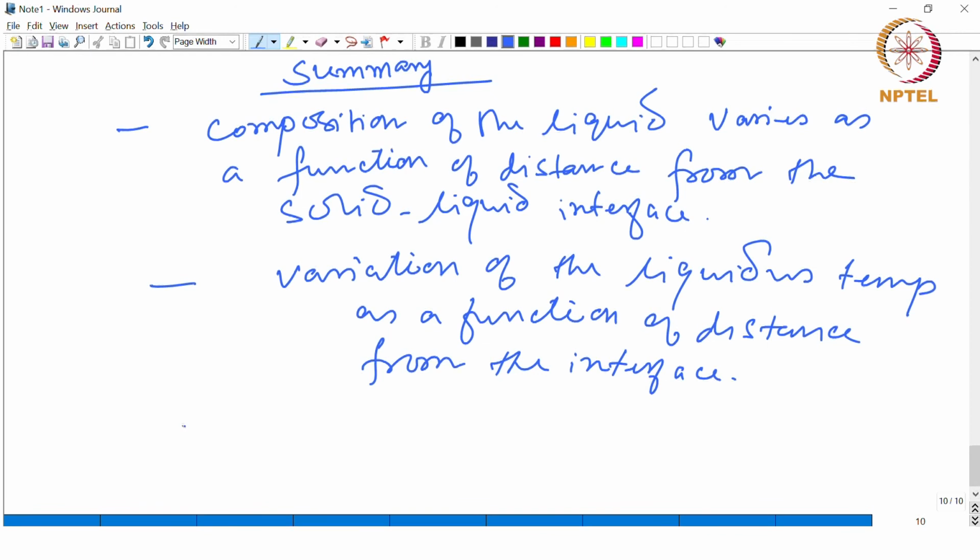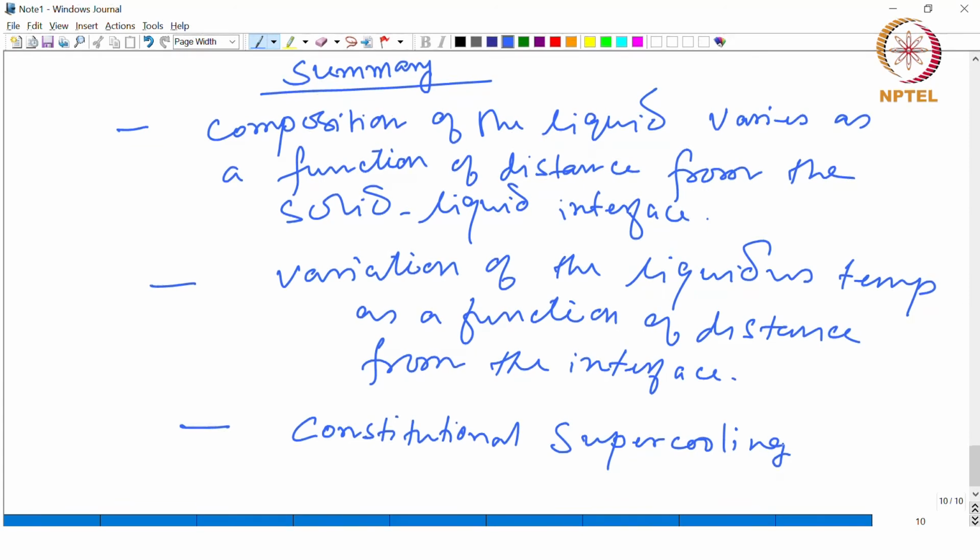And this in turn results in what is known as constitutional supercooling, because this kind of supercooling is arising out of the composition variation.